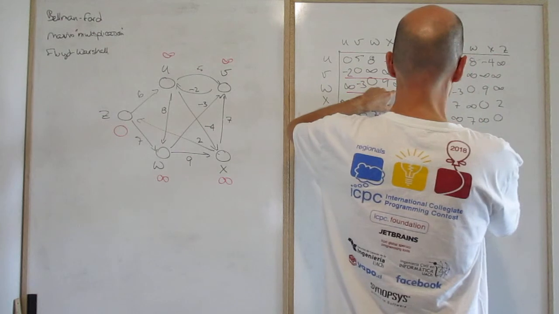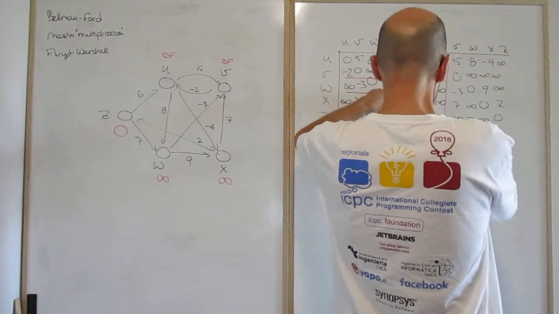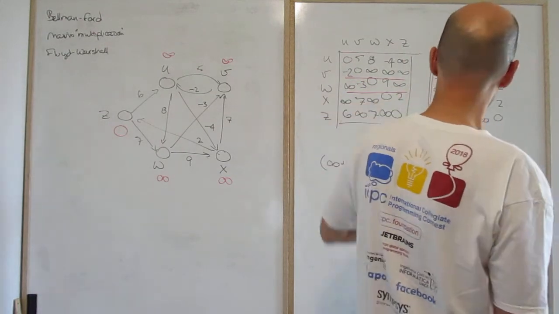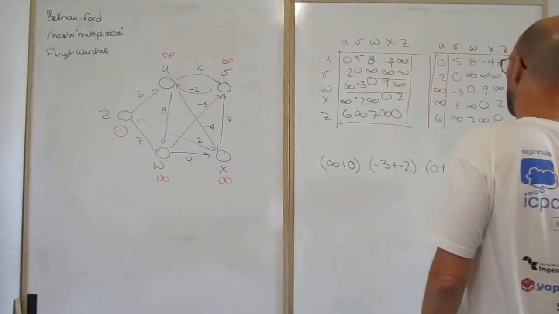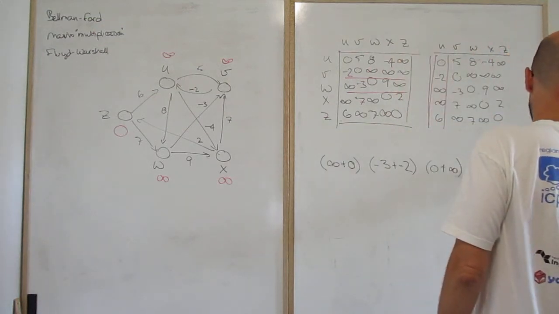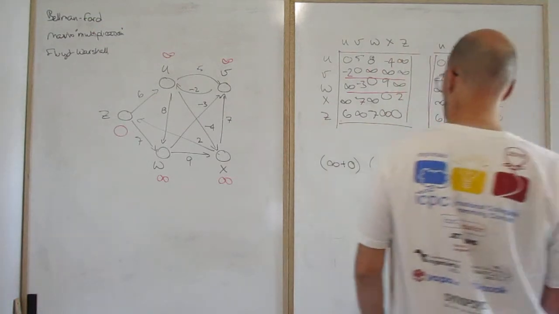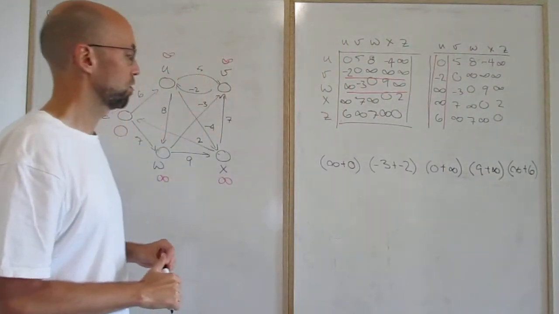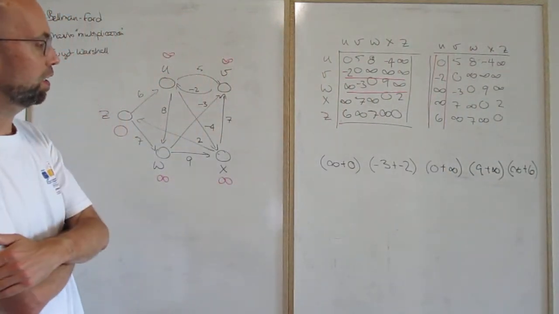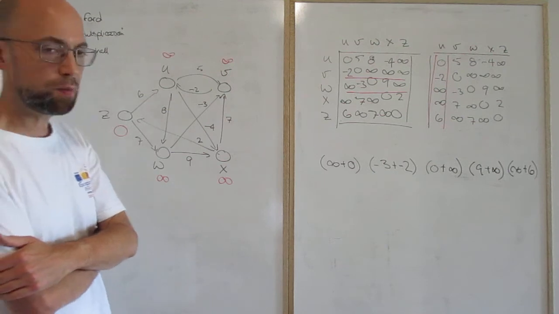And then I can go from W to Z and Z to U, and that's infinity plus 6. Okay, so that's also kind of boring. But what do I put in the step?